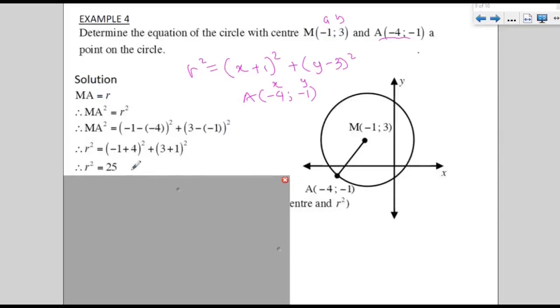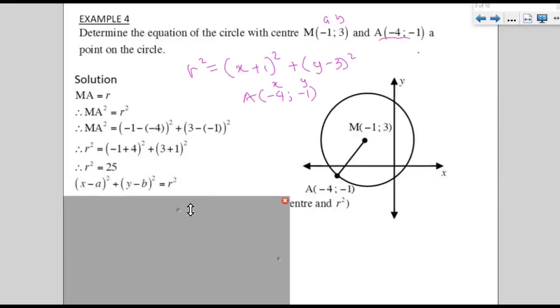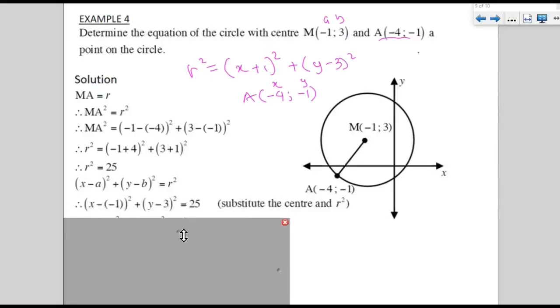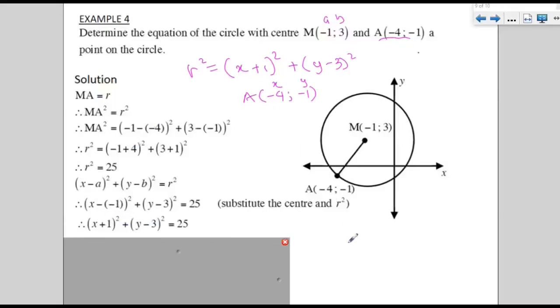And when you open it up, you get R squared equals 25, and therefore the equation of the circle is always in this form, and therefore the equation of the circle is that. A little bit complicated. I would prefer my method, because all you do is say R squared is equal to x plus 1 all squared plus y minus 3 all squared, substituting there.